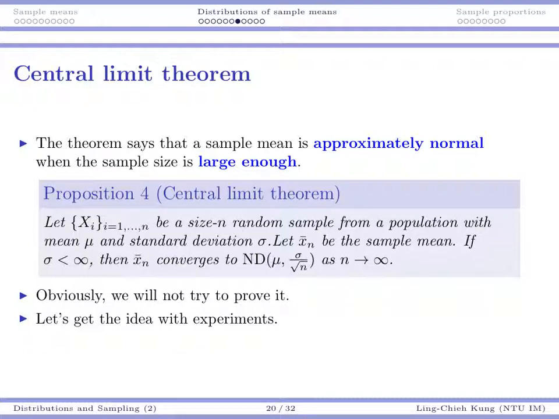So it basically just means if you have a population and your sample size is large enough, you can say the probability distribution of the sample mean is normal. You just need a very large sample size. We have no reason to prove it here, but let's get some ideas with experiments.